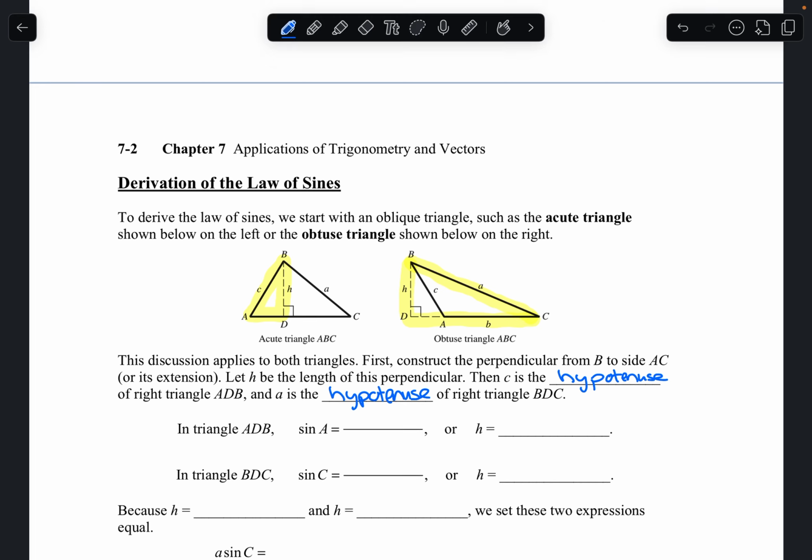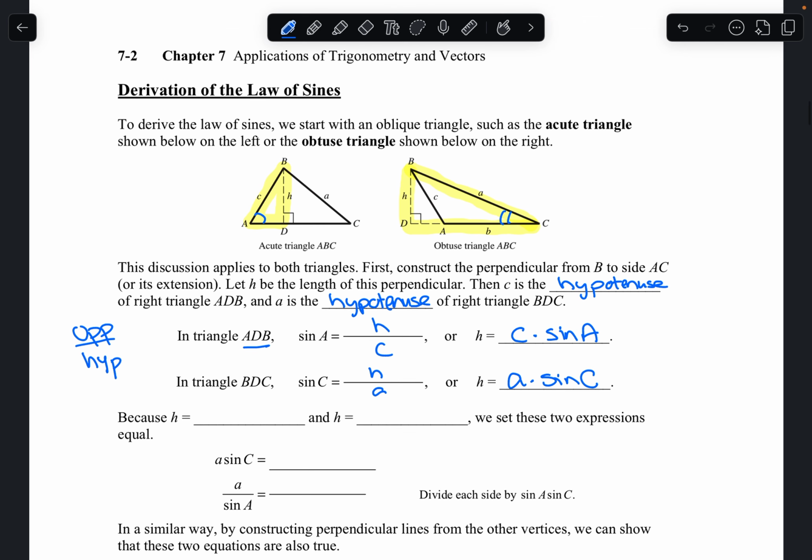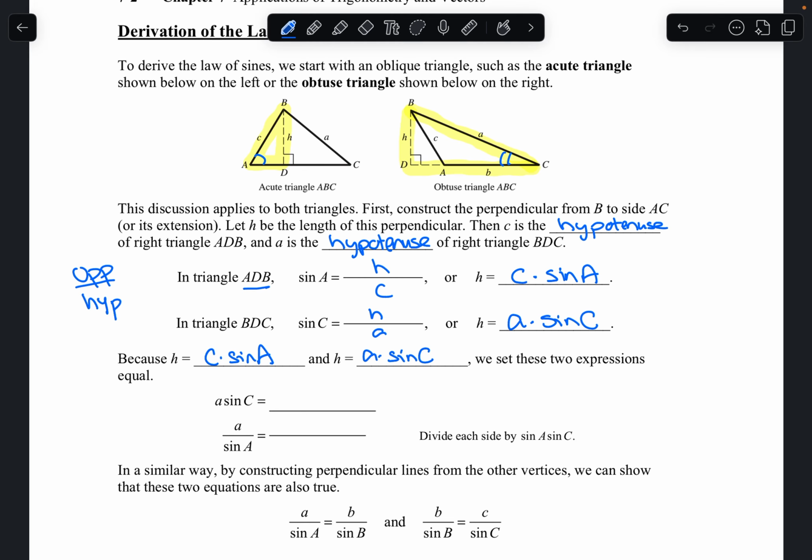So if we go back to our trigonometry, remembering that sine is the ratio of the opposite side to the hypotenuse, in triangle ADB, sine of A would be the ratio of H to C, or the height equals C times the sine of A. In triangle BDC on the right, sine of angle C would equal H over A, or H equals A times the sine of C. Notice that since H equals C times the sine of A, and H also equals A times the sine of C, we can set these two expressions equal to each other.